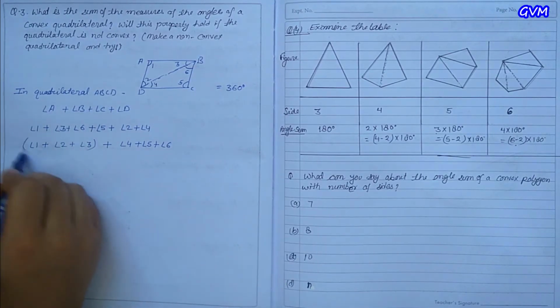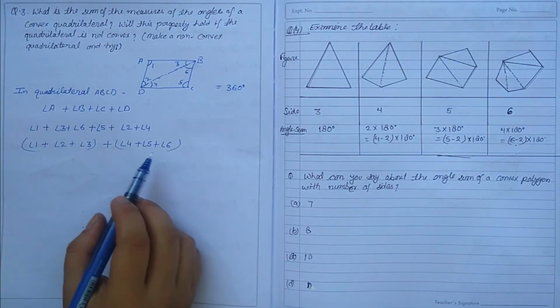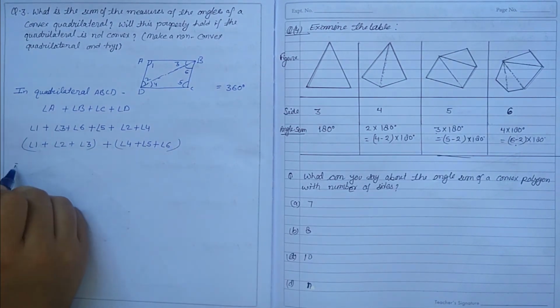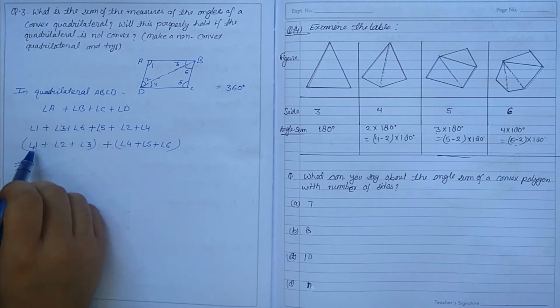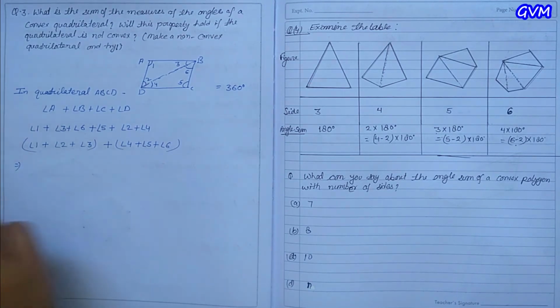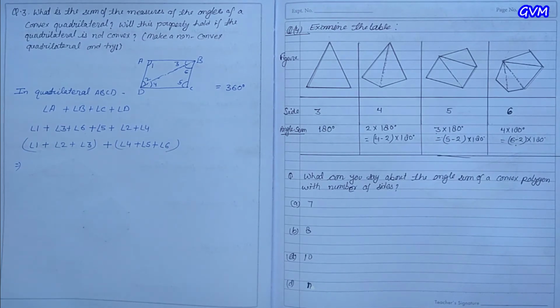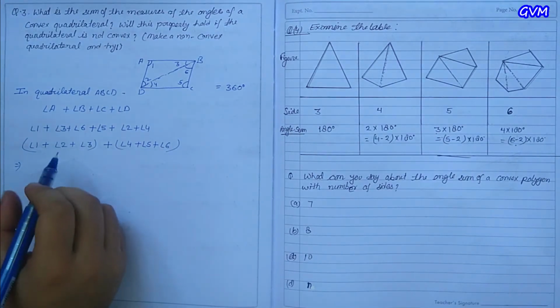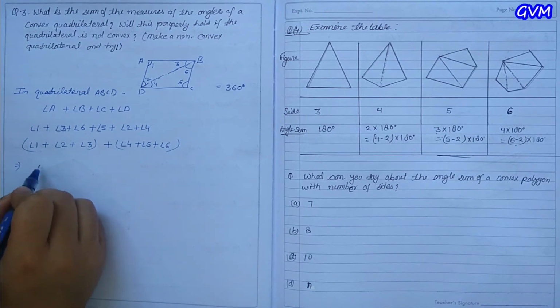Okay, so these are two triangles with three of their angles each. Now angle 1 plus angle 2 plus angle 3. We know from the angle sum property of a triangle that the sum of all the interior angles is 180.